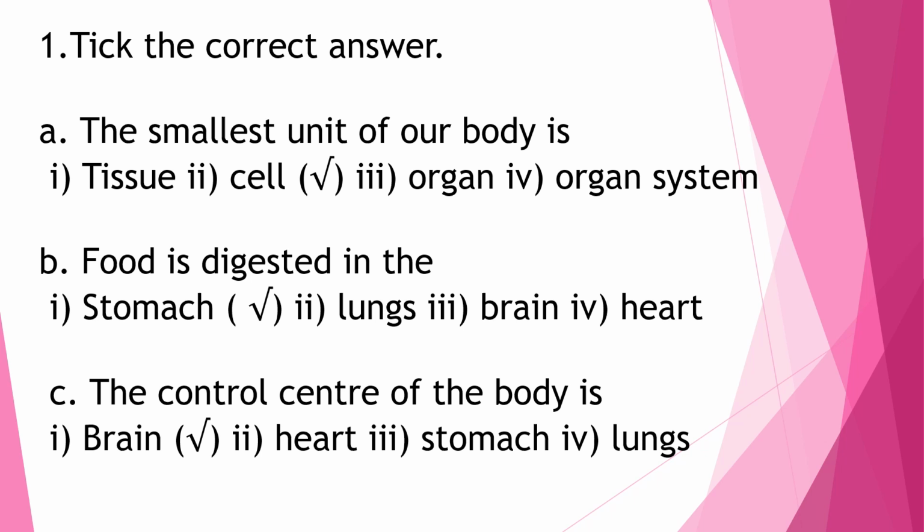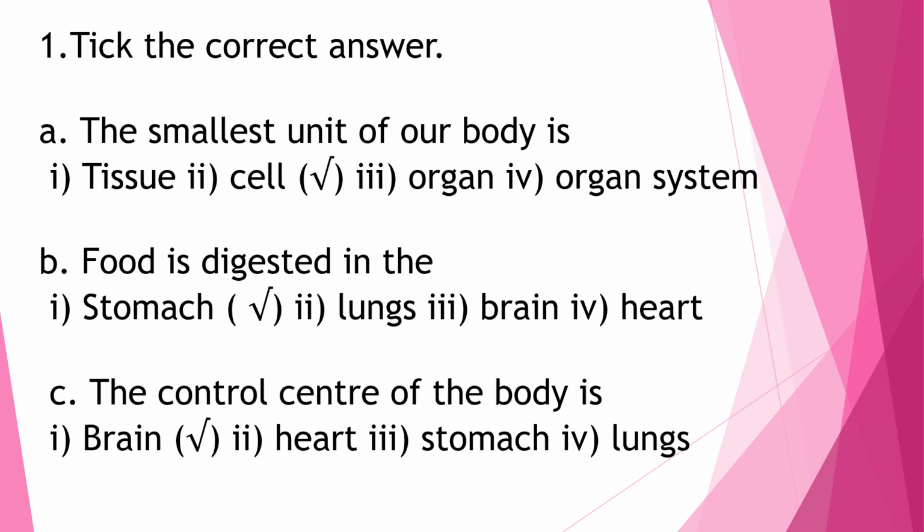Cell is the basic structural, functional and biological unit of all organisms. Cells are the smallest unit of life and hence are often referred to as the building blocks of life. Therefore, the answer to the first question is cell. Cell is the smallest unit of our body.